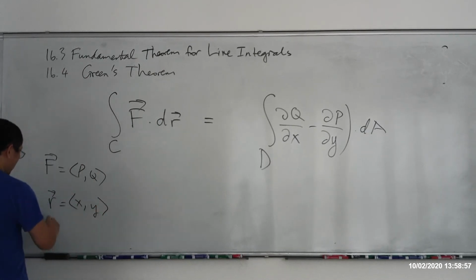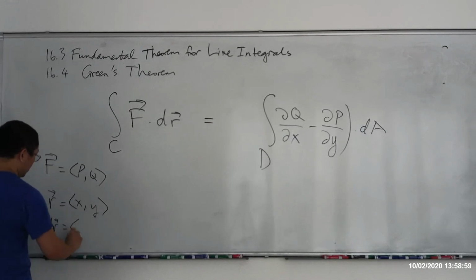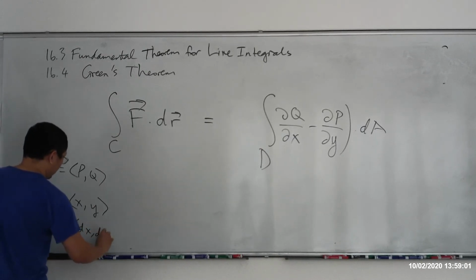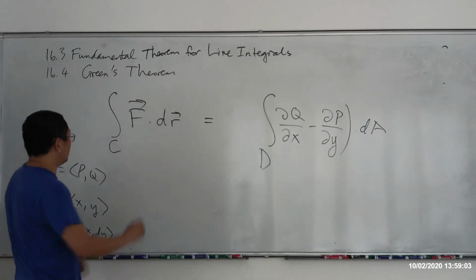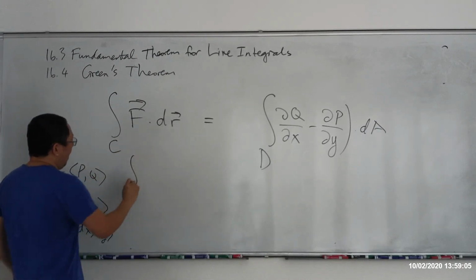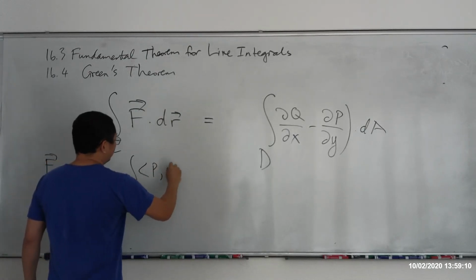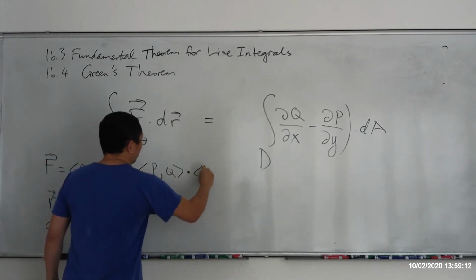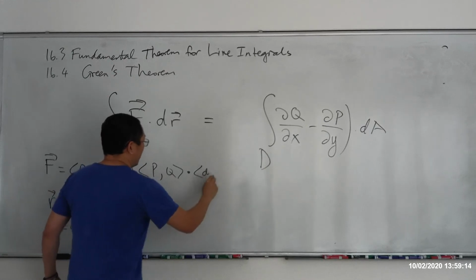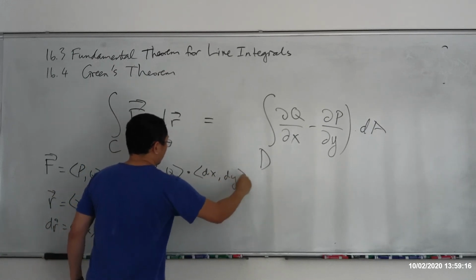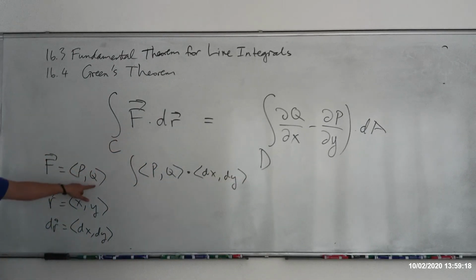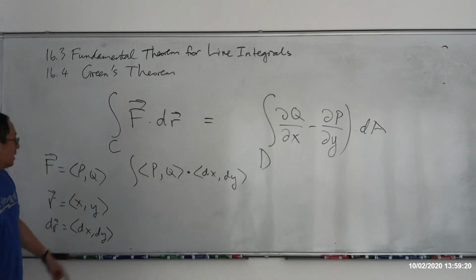So really, dr is dx, dy. This is what I showed you before: the integral of P, Q dot dx, dy. F is P, Q, and dr is dx, dy.